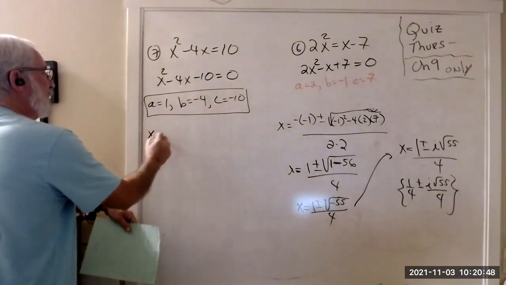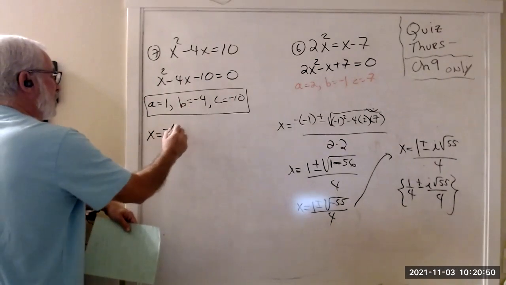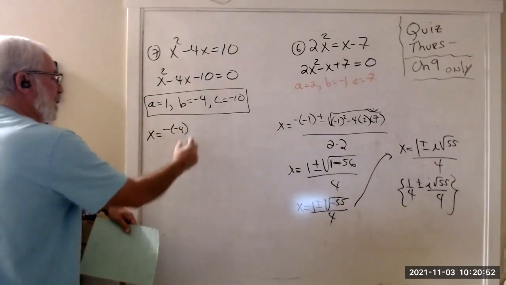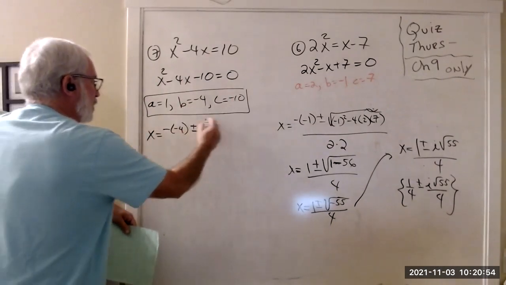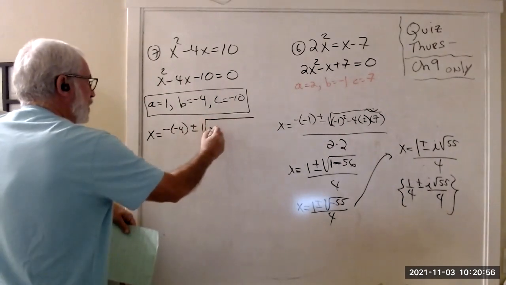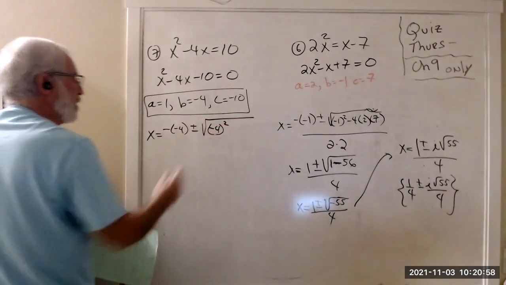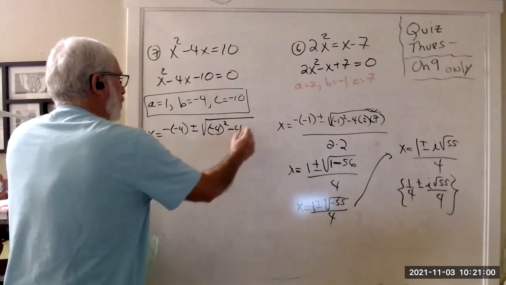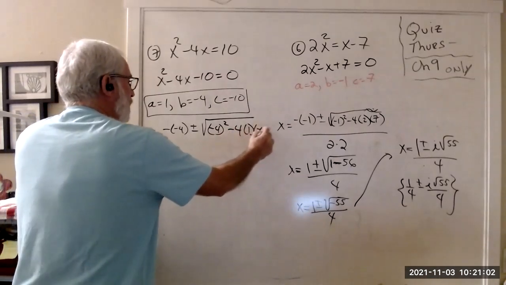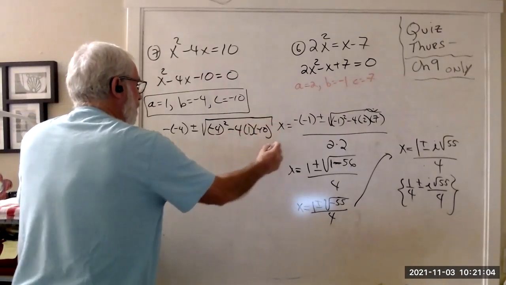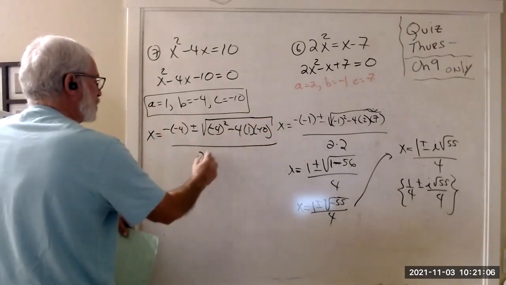So x equals negative of -4, negative of the B, plus or minus the square root of -4 squared minus 4 times 1 times -10, all divided by 2 times 1.